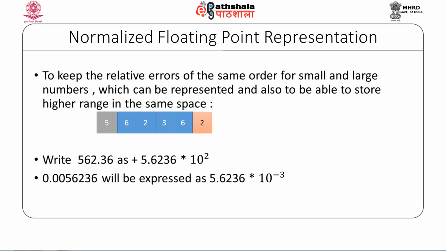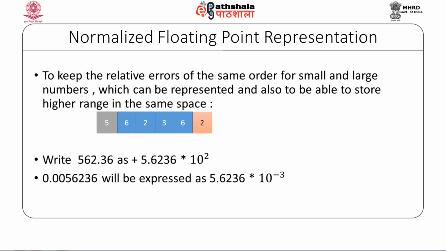And for that, the normalized floating point representation method is there to represent a number. For illustration purposes, if I am using a decimal system, like 562 point, the decimal place is reserved.